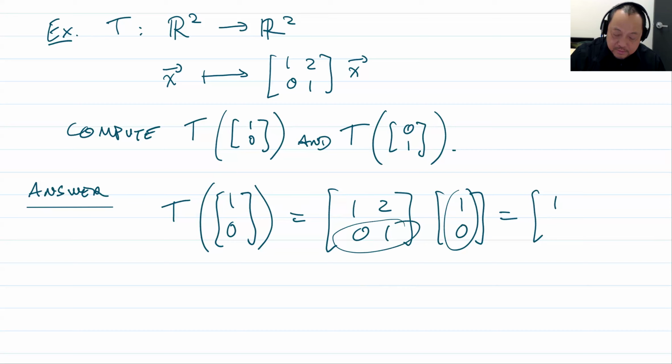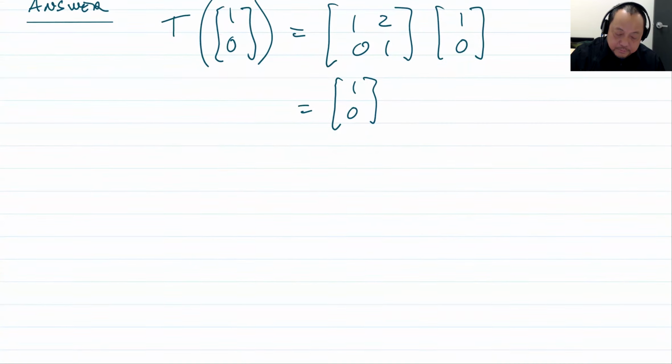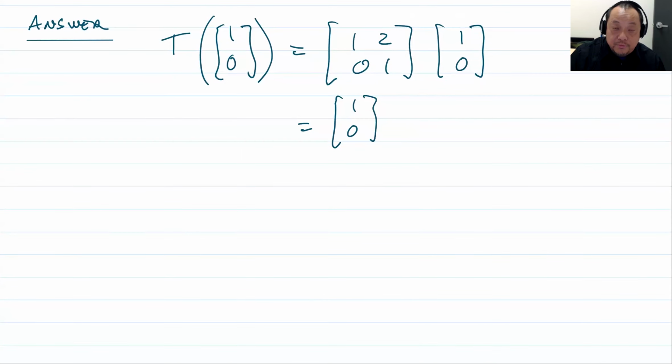Second position, 0 times 1 plus 1 times 0 is 0. I'm going to put it down here. That's the transformation of the unit vector along the x-axis.